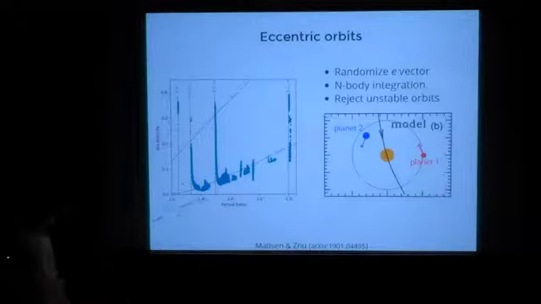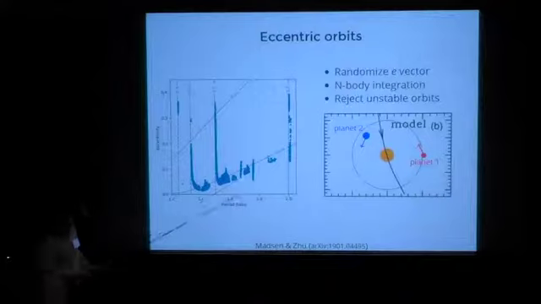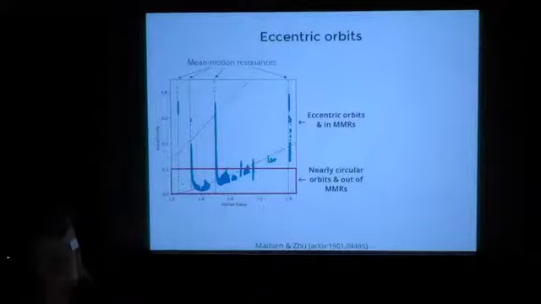Now, if you have 0 eccentricity or close to it, you are here, and then as you increase eccentricity, lots of the systems become unstable. In the end, you generally only have two types of configurations.